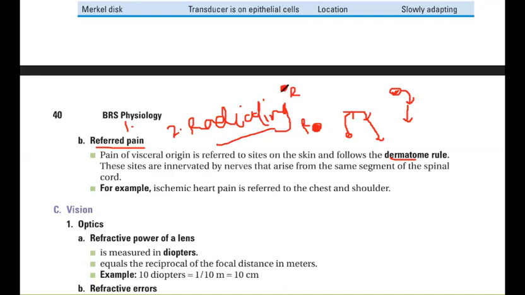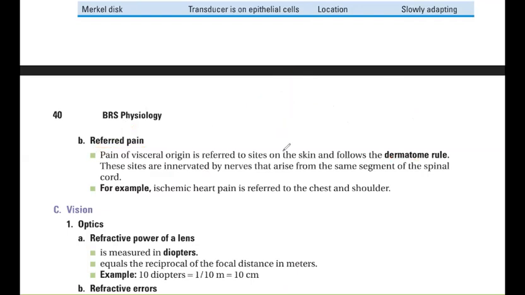This kind of pain is referred. The pain is not traveling from here to here. The pain is present at two regions at the same time. Why? Because they share the same dermatome. The dermatome is C6 for both of them. We will study all the dermatomes, but for now you just need to understand what is referred and what is radiating.